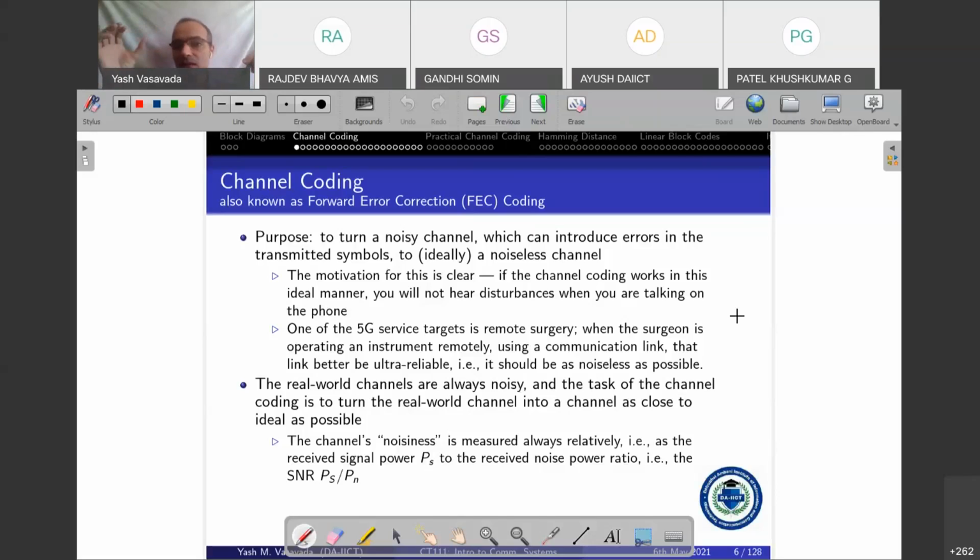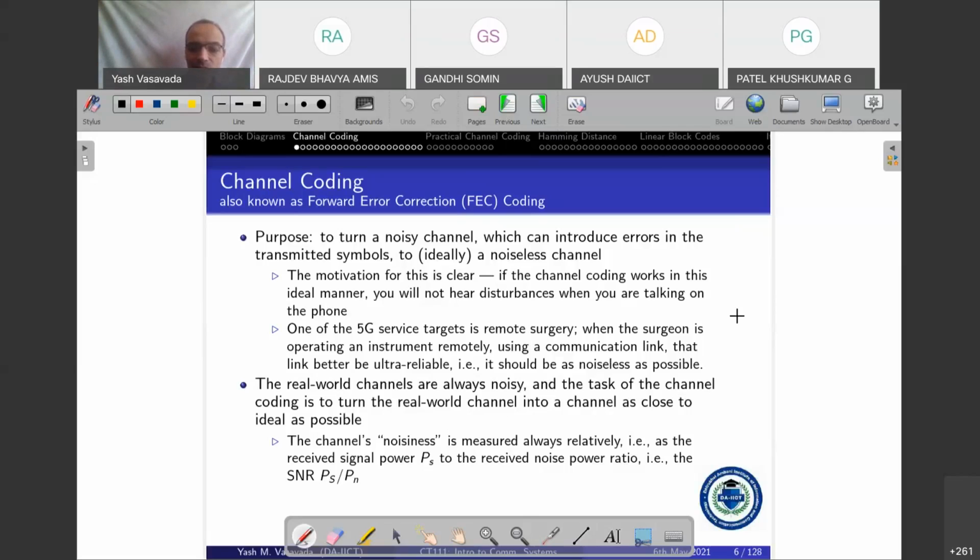Those antennas make sure that although the satellite is that far away, P of S at the satellite receiver is sufficient so that the desired P of S over P of N, the SNR, is maintained. Now, if P of N is small, then the ISRO engineers don't have to worry as much about making sure that P of S is as high. They can maybe reduce the size of the antenna. Maybe they can reduce the power amplifier specifications. And so it translates to real benefit in terms of engineering design.